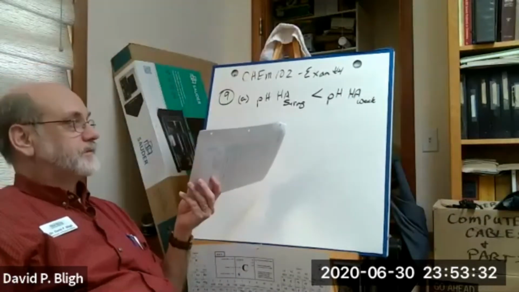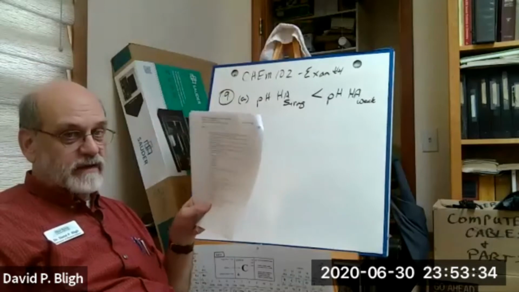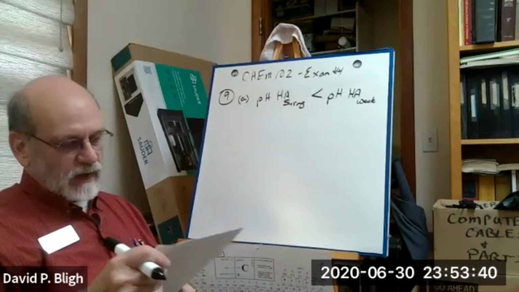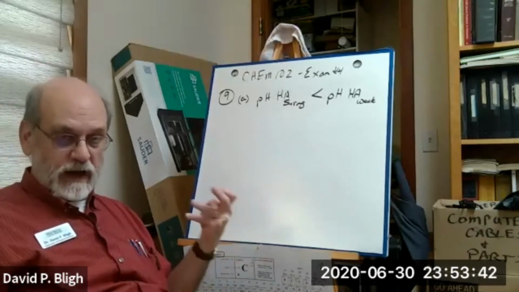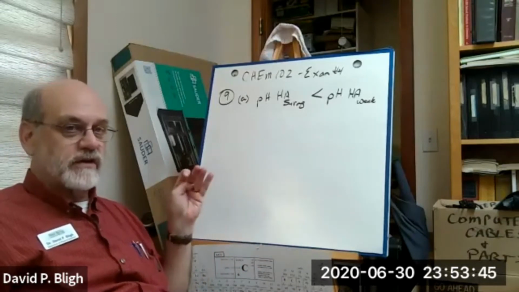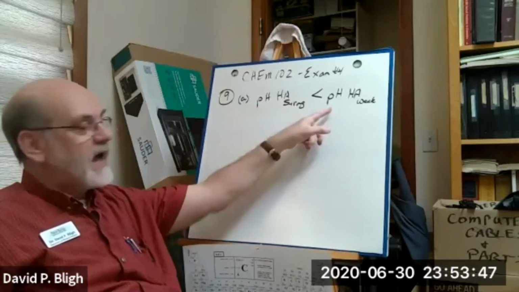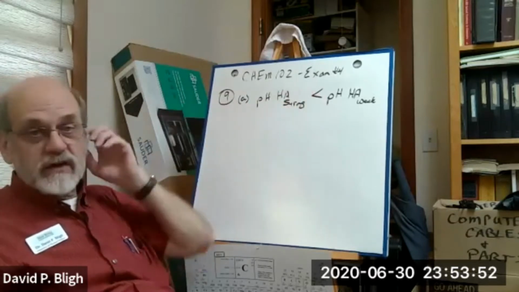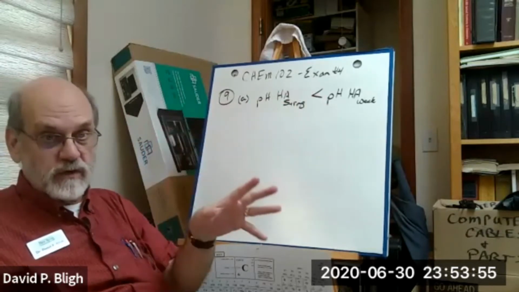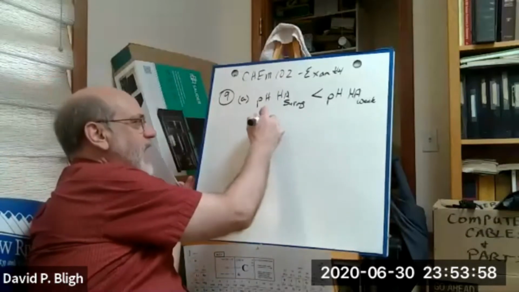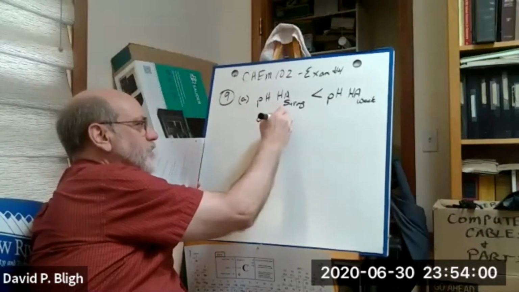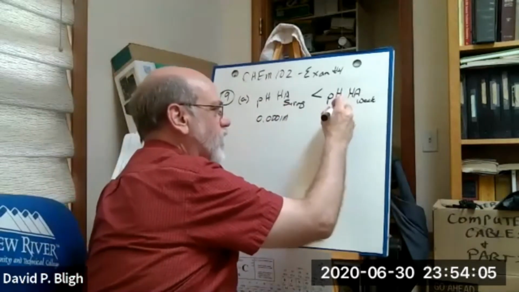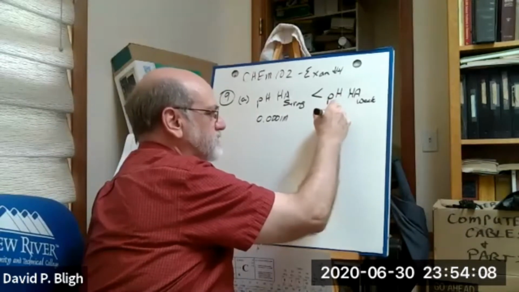Is that true? Now we're talking about the pH, not just the strength of the acid. We would take into account the strength, right, the K value, but the concentration also has a bearing on the hydrogen ion concentration. So, is this always true? Can you think of a scenario in which it would not be true? Say a strong acid were 0.0001 molar, and the weak acid were 15 molar.